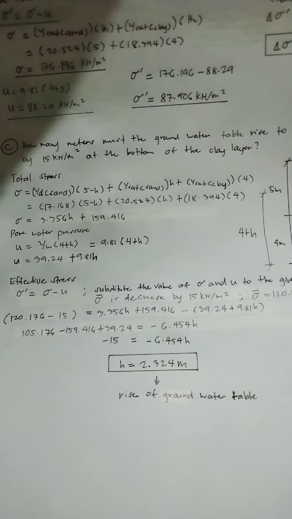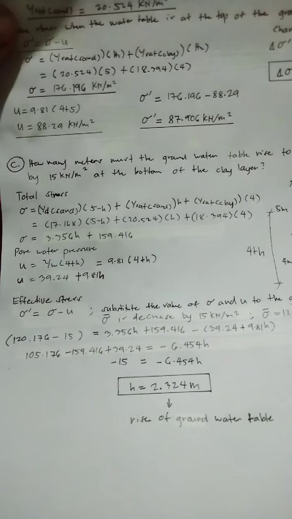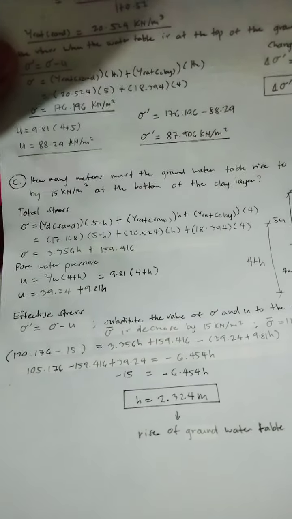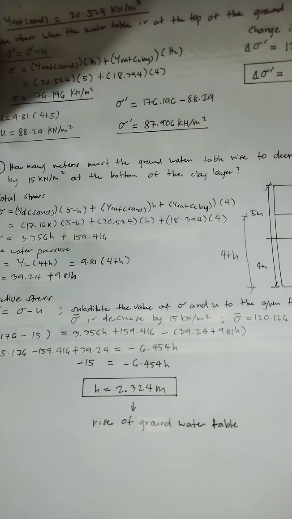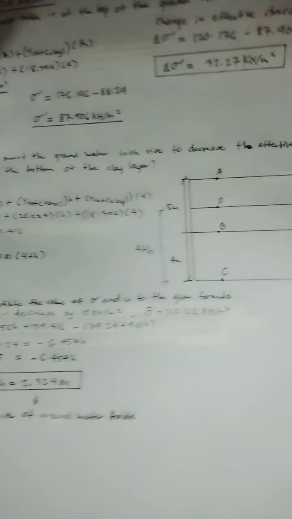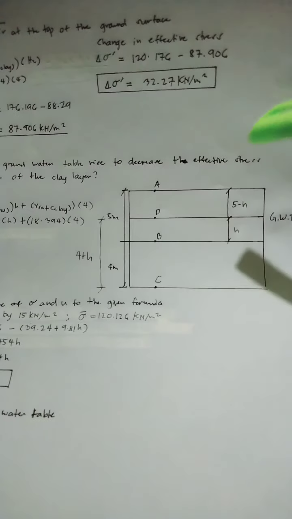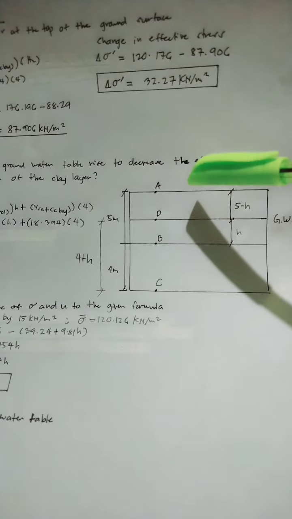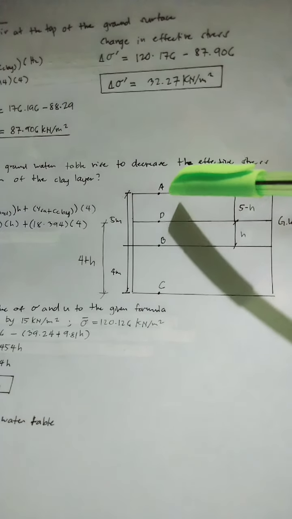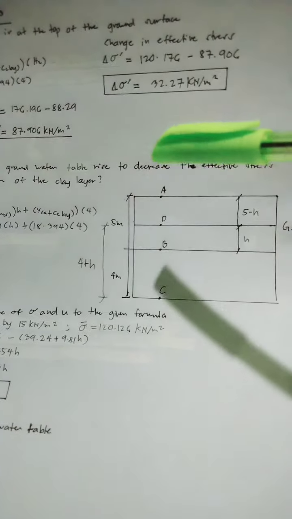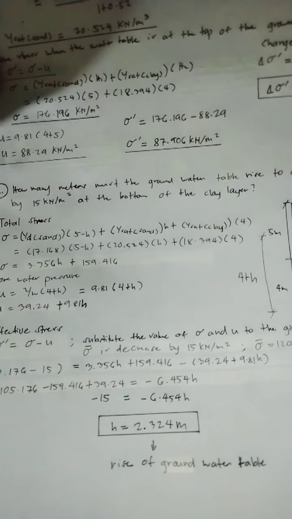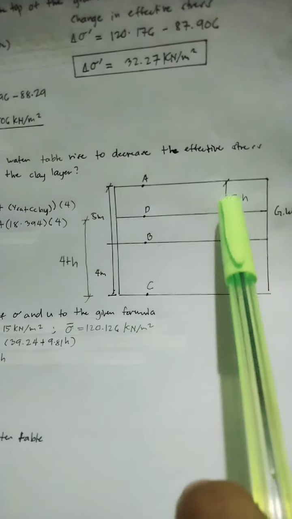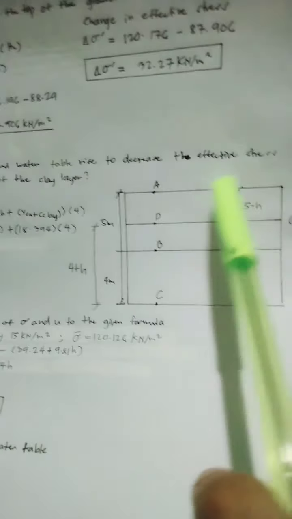Let us first calculate the total stress. For each layer we have to add the total stress from A to C. For A to D, we use the dry unit weight of the sand, since this part is above the water table, so it is dry.